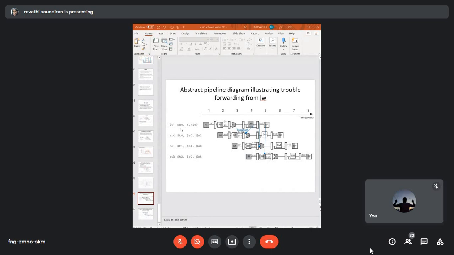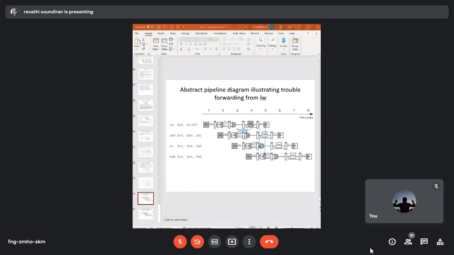So the result cannot be forwarded to the execution stage of the next instruction. This load word is an immediate type of instruction. The output is available only towards the end of the memory stage. But when the execution is an AND operation, you can forward.